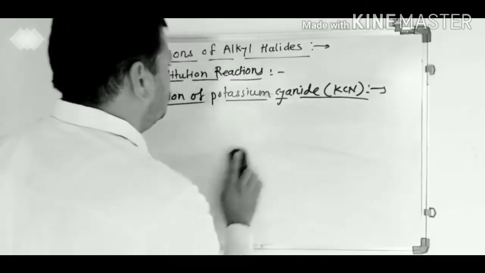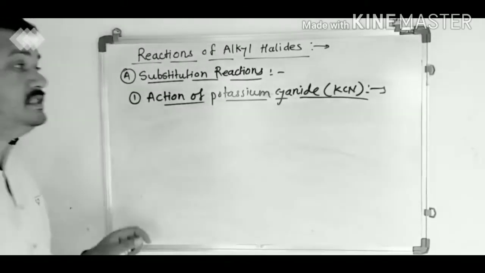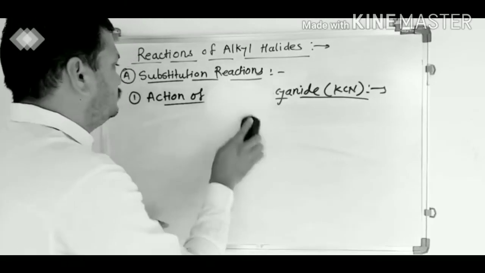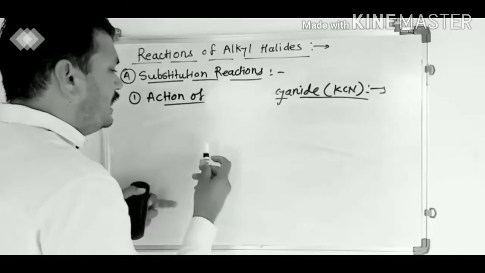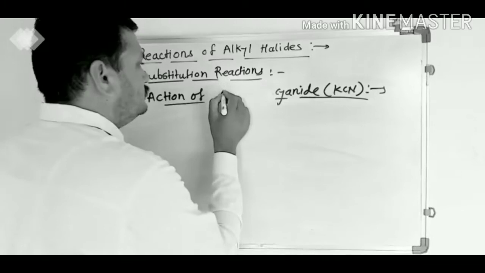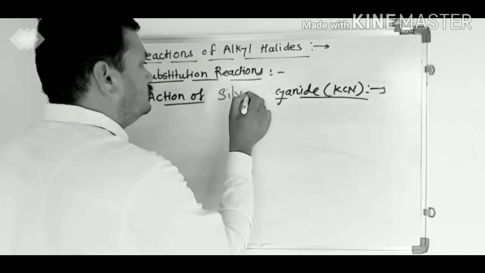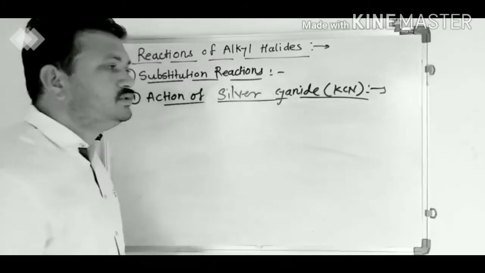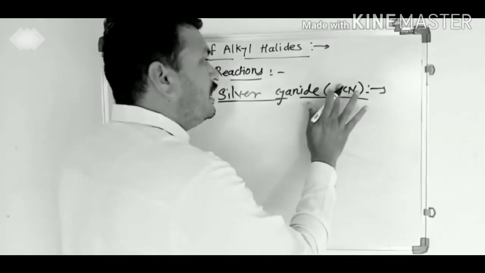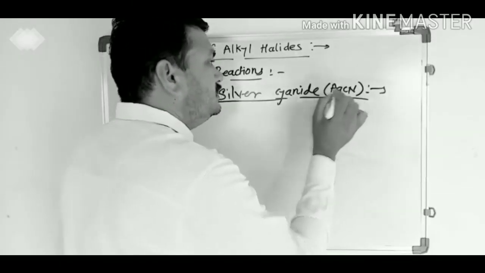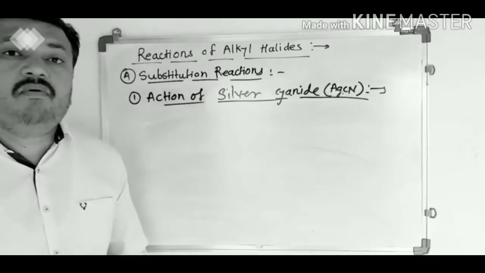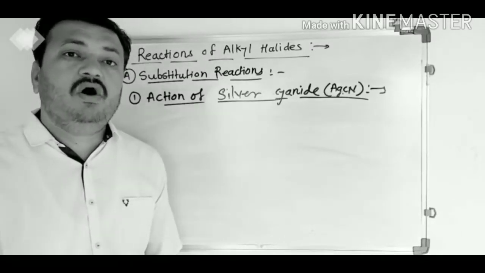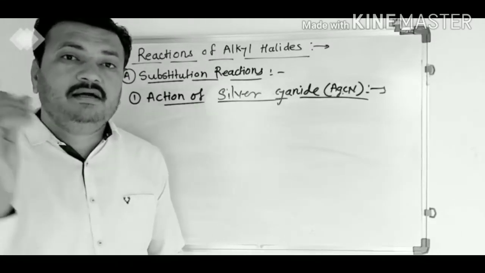The next reaction we will see here is action of silver cyanide. When alkyl halides are treated with alcoholic solution of silver cyanide, AgCN, formation of alkyl isocyanide or alkyl isonitrile takes place.